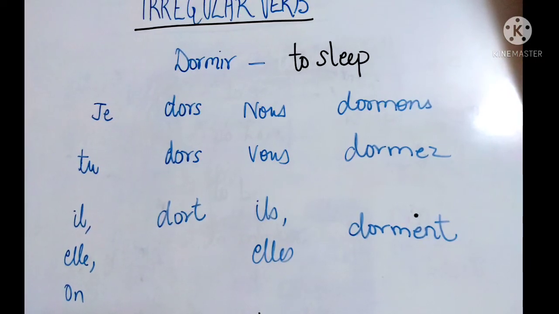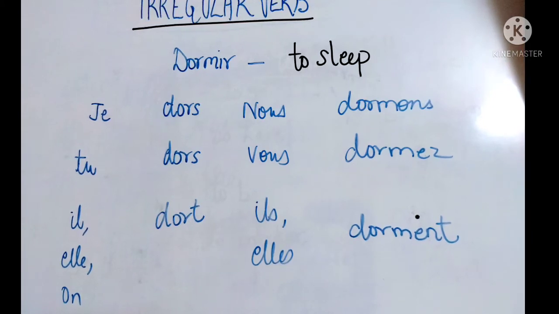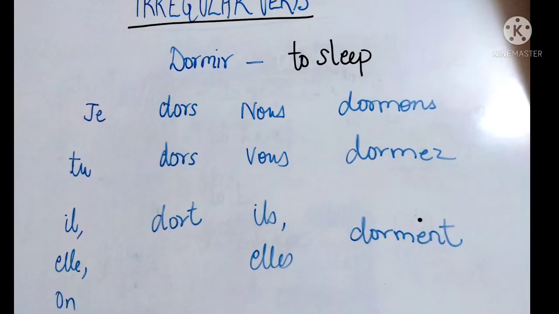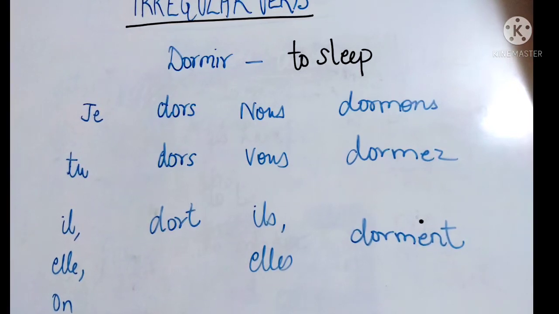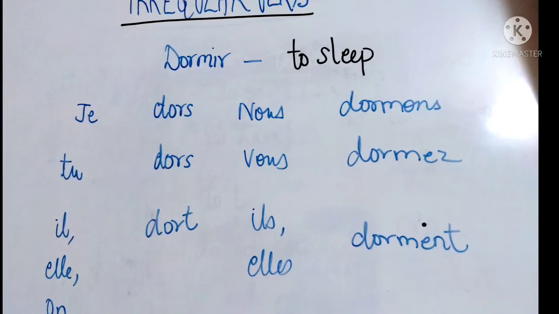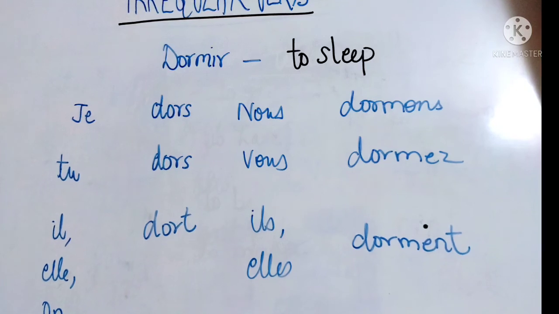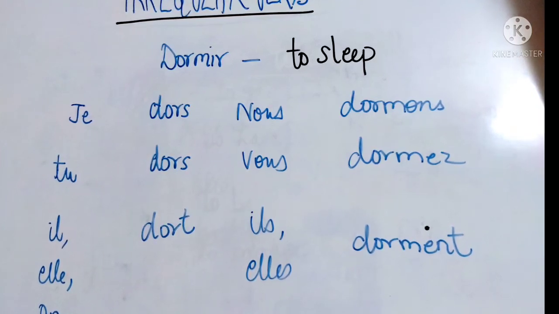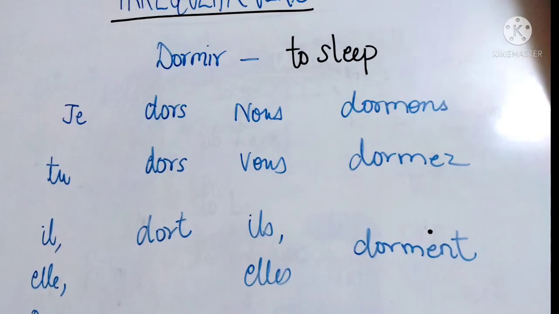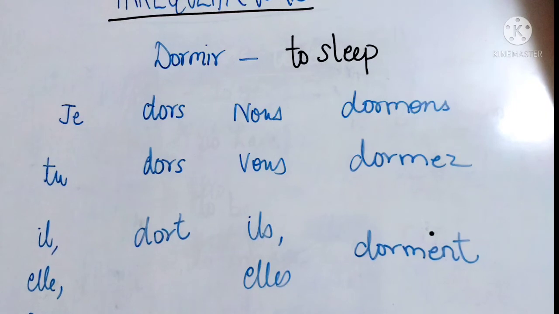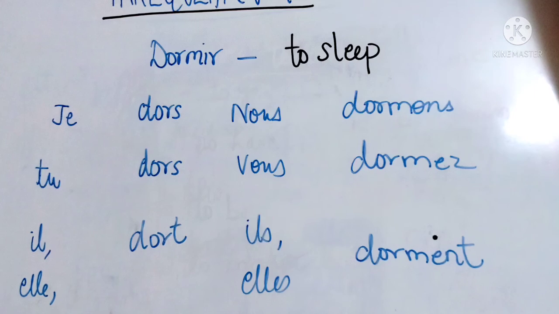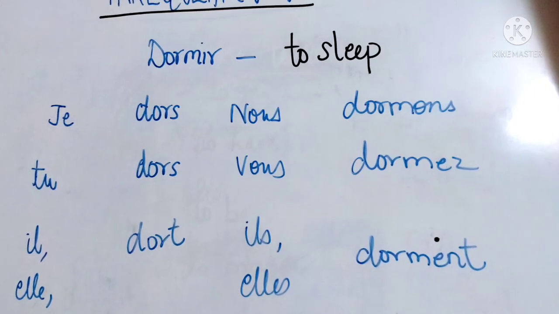Now M is present. It was not there in the singular category, but it is present in the plural category. Nous dormons, vous dormez, ils dorment. Again, dormir. Je dors, tu dors, il dort. Nous dormons, vous dormez, ils dorment.